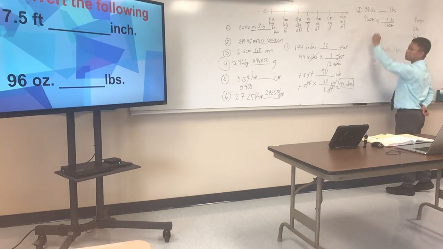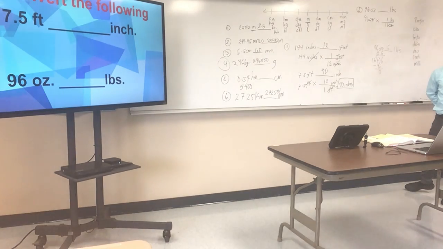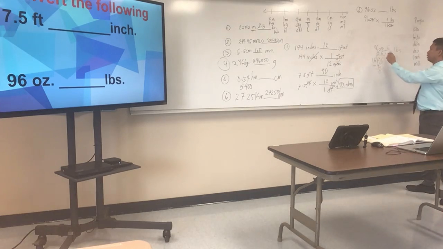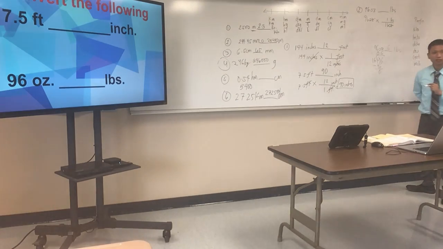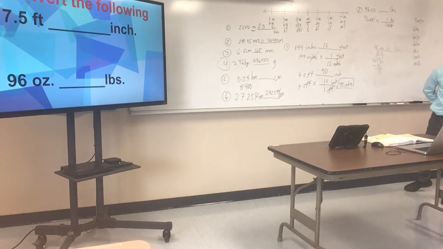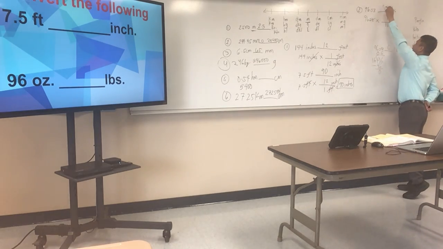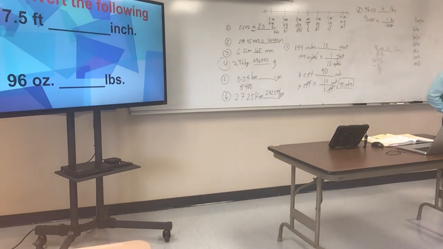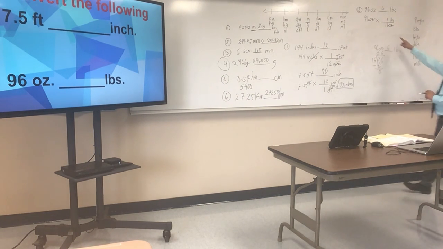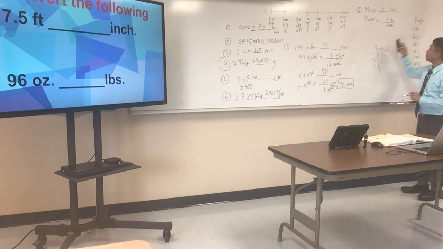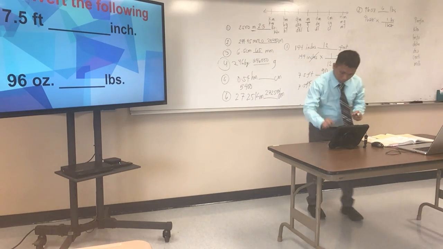So the answer is 6, not 0.6. 96 divided by 16 is 6. It's 6 pounds.